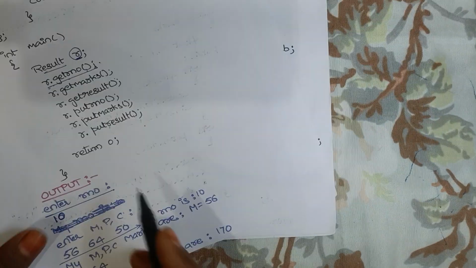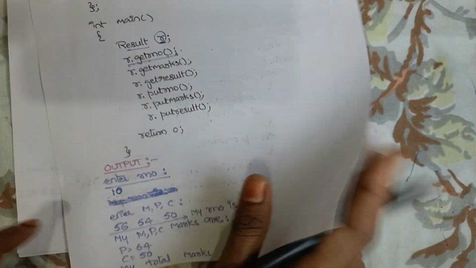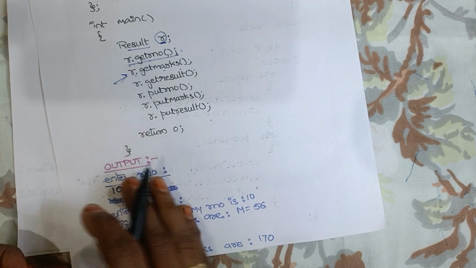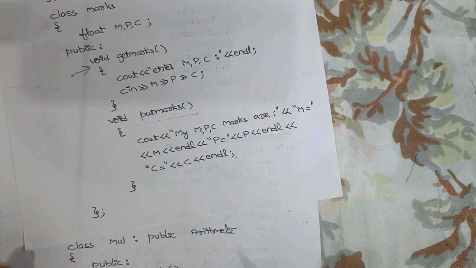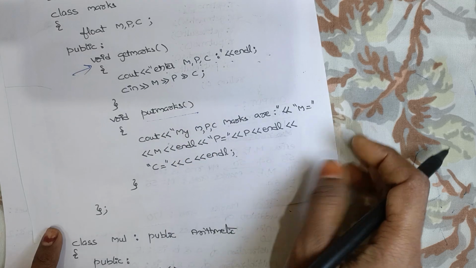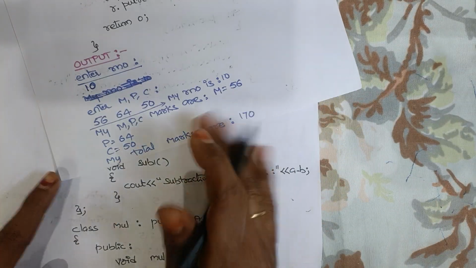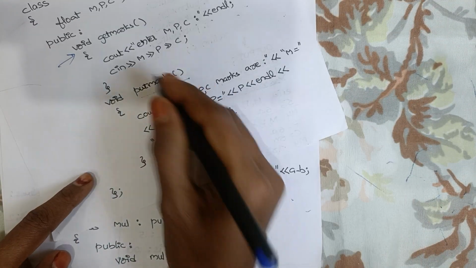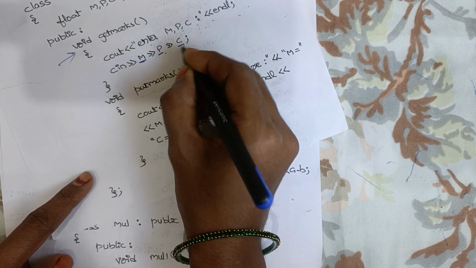After the get roll number function is closed, control will transfer to the r dot get marks function. In this one, it asks to enter MPC, which means maths, physics, chemistry marks. Whatever marks you entered will be stored in these variables.